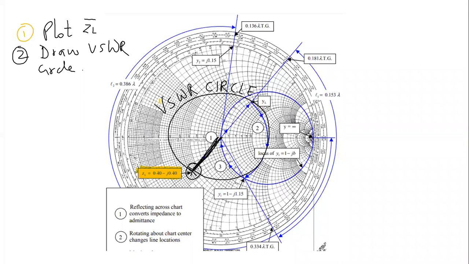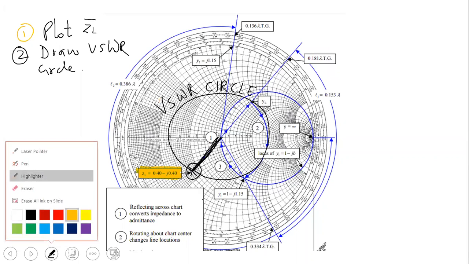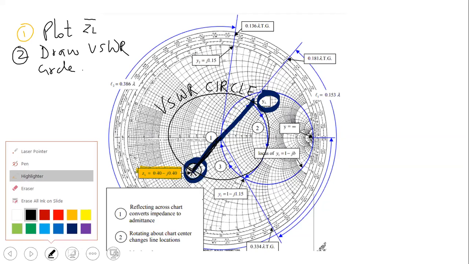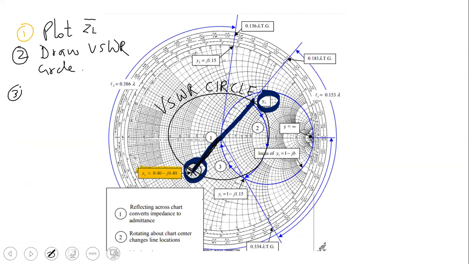So the second part was to draw the VSWR circle. Now, once you've drawn the VSWR circle, I want you to extend this line exactly to the opposite end, from where you got this ZL, exactly the other end. Whatever you get there is your YL. So the third point is to draw exactly opposite, that is, extend it and see where it lands on that side of the circle.